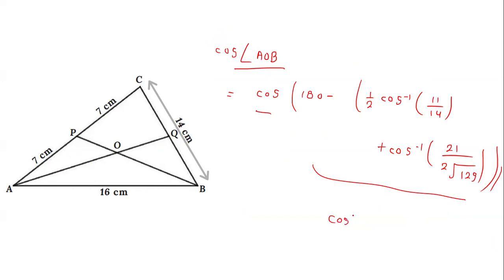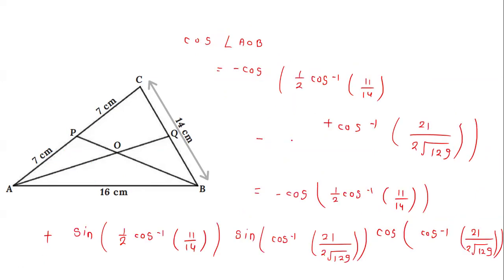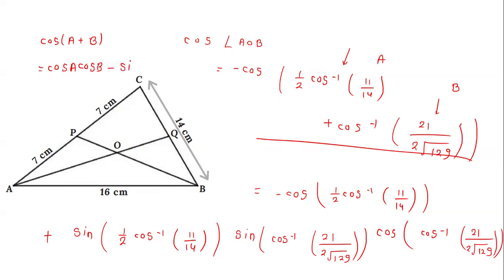And we know cos of 180 minus theta is equal to minus cos theta. So it will come like minus of this thing. Let's say this angle is A, this angle is B. So we know the expansion of cos of A plus B is cos A cos B minus sin A sin B. So there is one minus sign outside here.